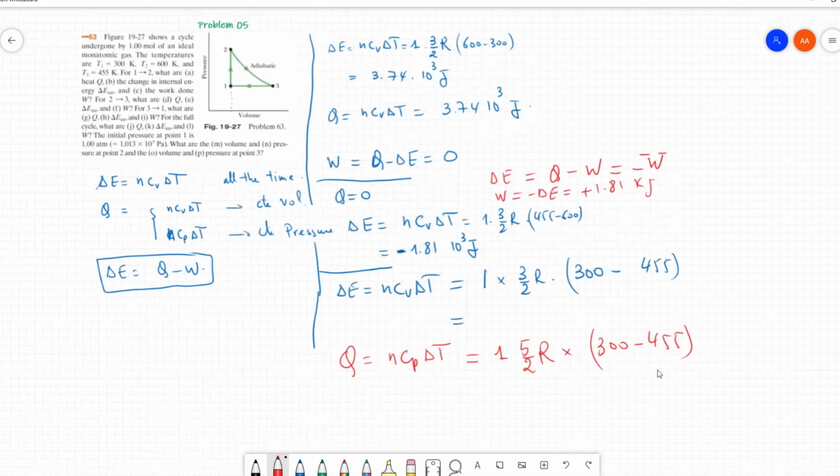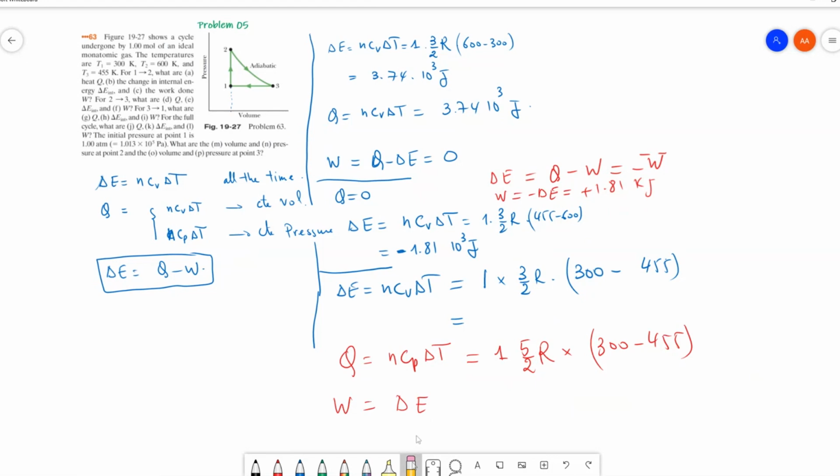And for the third one, W, it's Q minus delta E. So this one minus this one. I don't know why my numbers are not here.